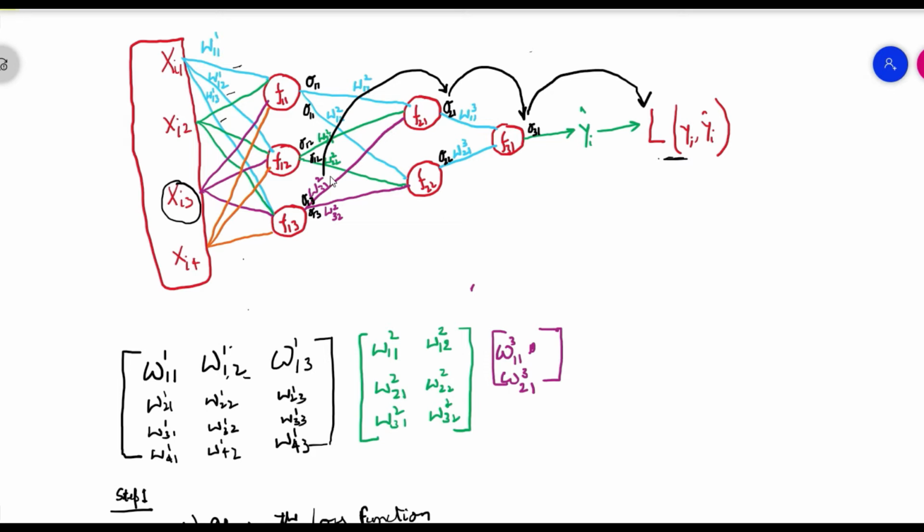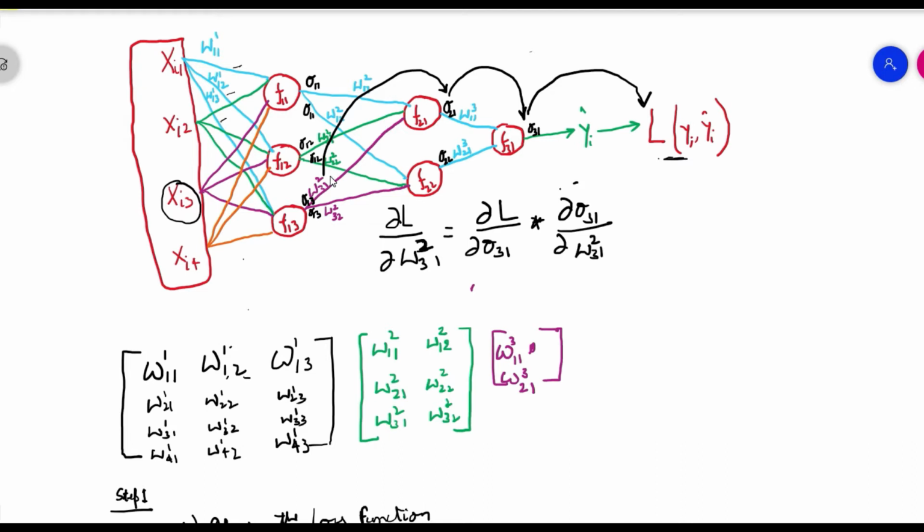So therefore the rate of change of our loss function with respect to our weight W231 will be equal to the rate of change of loss function with respect to output O31 multiplied by the rate of change of output O31 with respect to our weight W231.